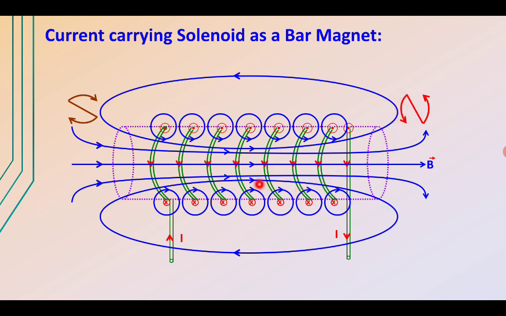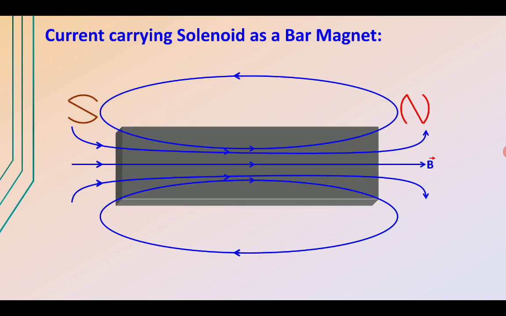Similarly, here the current flows in the clockwise direction, so this becomes the south, and here the current is anti-clockwise, so this becomes the north.